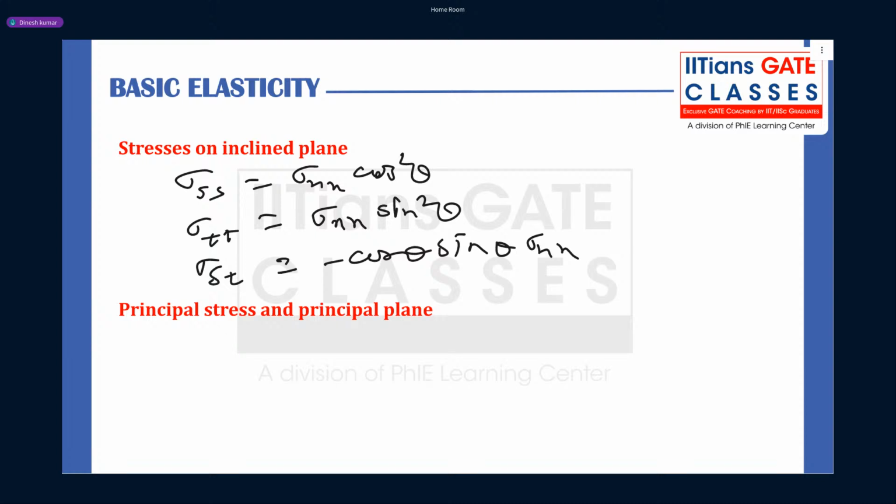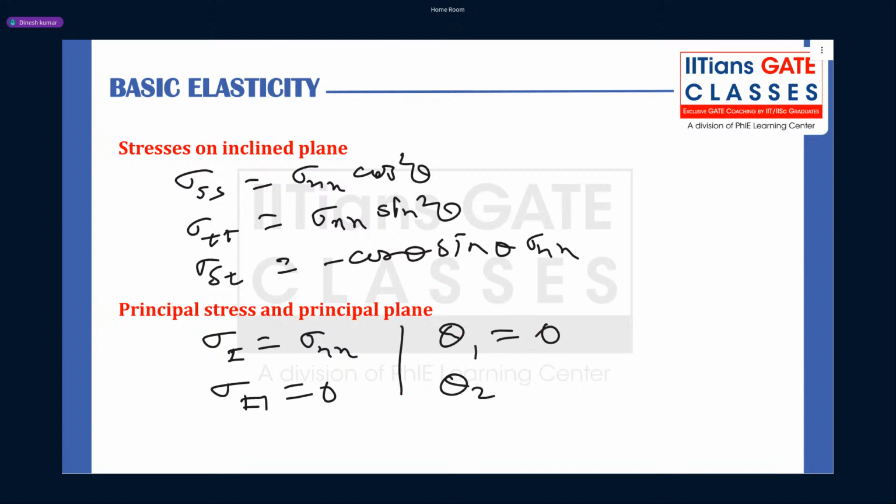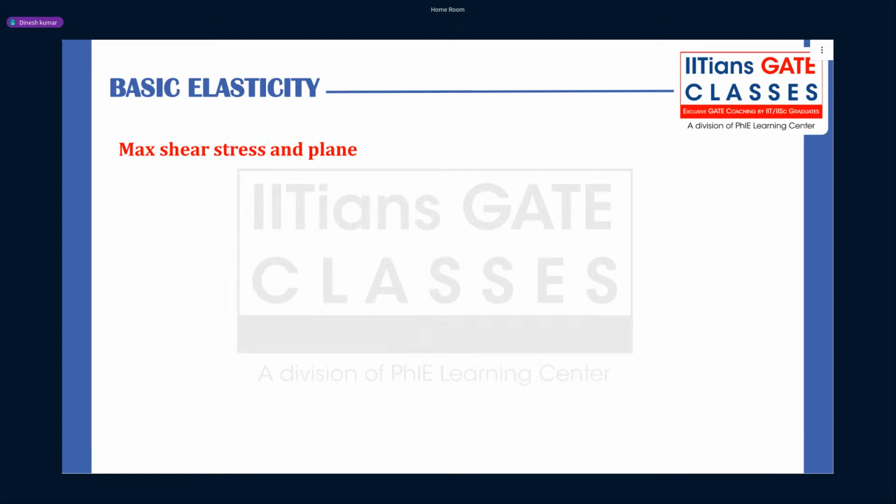What will be your principal stresses in case of uniaxial? Anybody? Sigma 1 will be sigma xx, sigma 2 will be 0. What will be your principal planes? Theta 1 will be 0 and theta 2 will be 90 degrees. Okay? What will be the maximum shear stress?